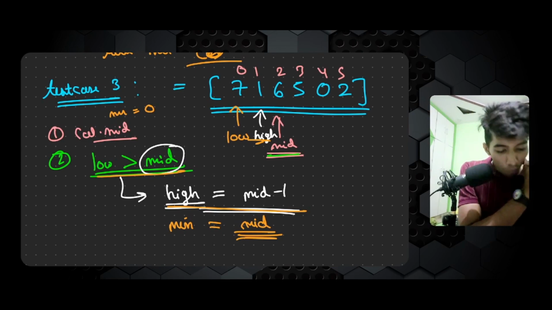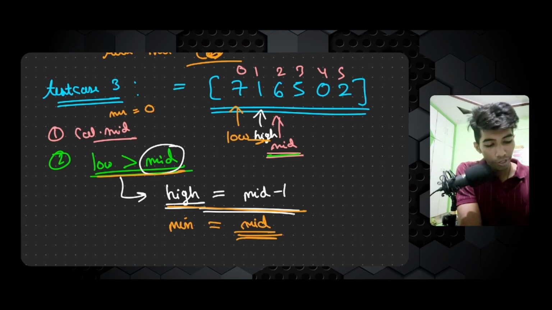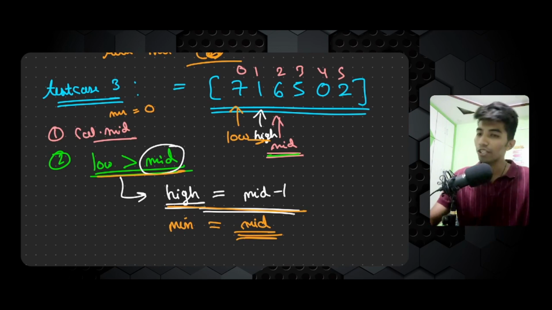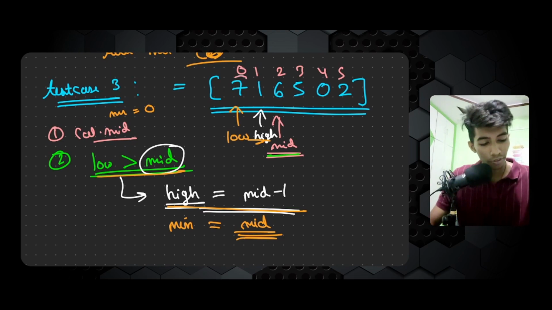Now let's understand the case. In the next iteration, again we will be calculating the mid. So now my mid will be this.